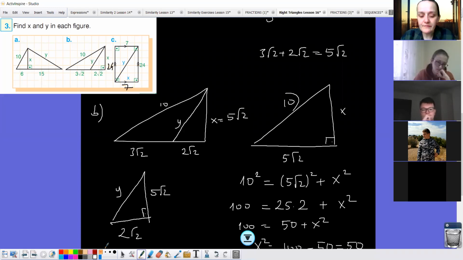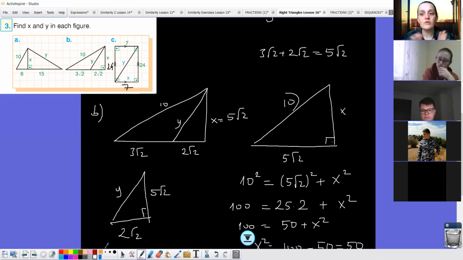Next year, when you start with trigonometry, you will need the properties of the right triangles, because the base of trigonometry starts with the right triangles. So if you don't get it now, then it will be a problem in the next steps, okay?